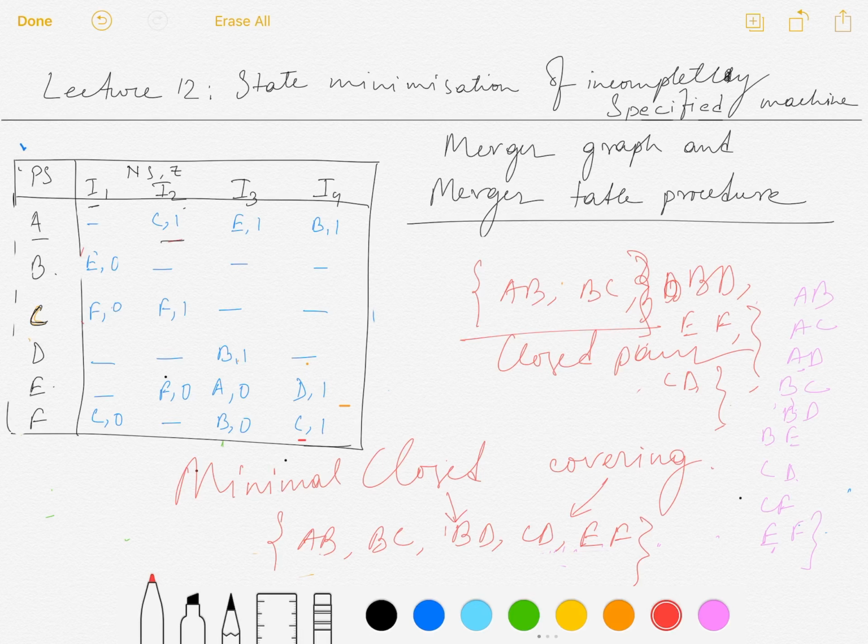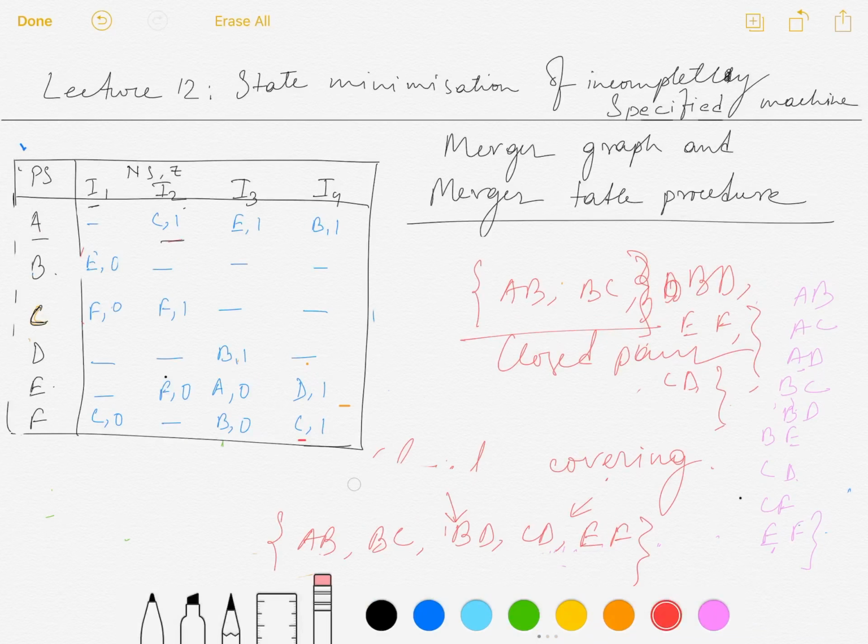It is very difficult to find this through the trial and error method, considering all the states and their implied states, and whether they cover all the states or not. It will take lots of time. So, instead, to find the solution in an optimum manner, we will draw a graph called the compatibility graph.